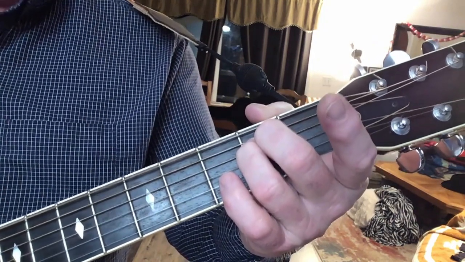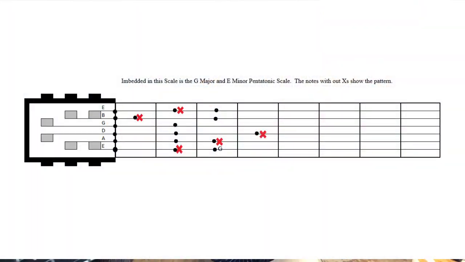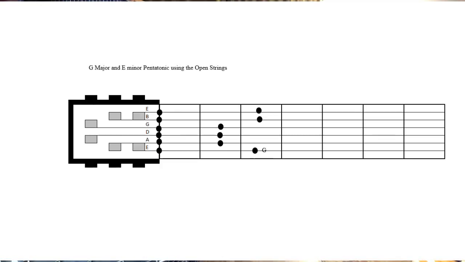And you want to take a look at this graphic. You can see the scale where it terminates into the nut, and you play all the open strings. But if you cross out these notes, then you can see a familiar pentatonic shape coming into place. It looks like this, of course. And all of those strings are open in this pentatonic scale.